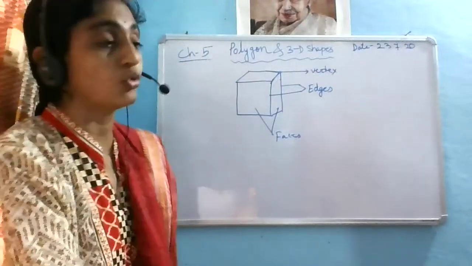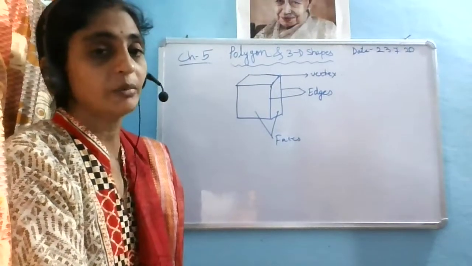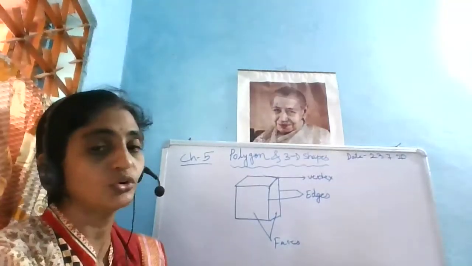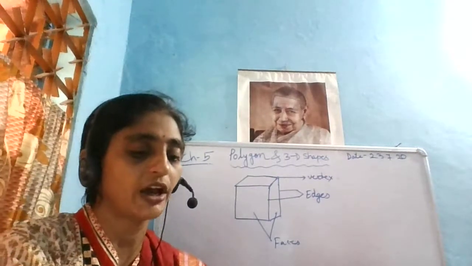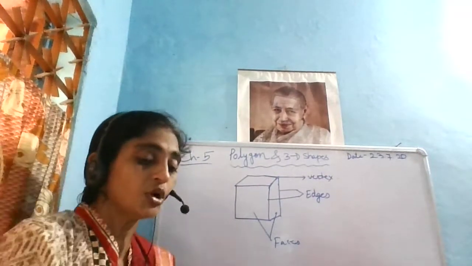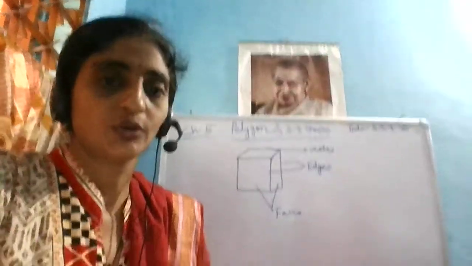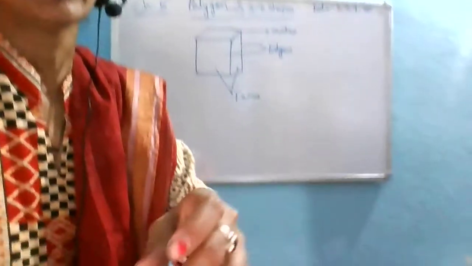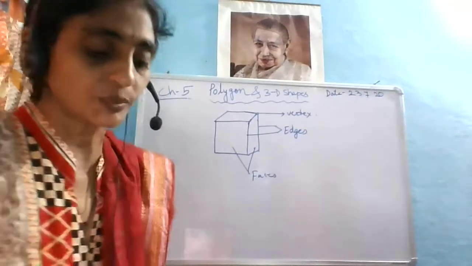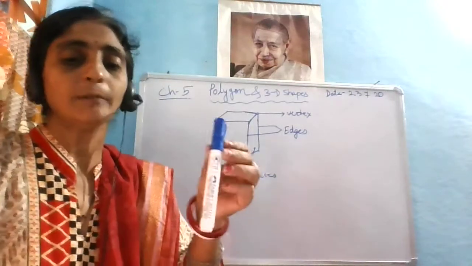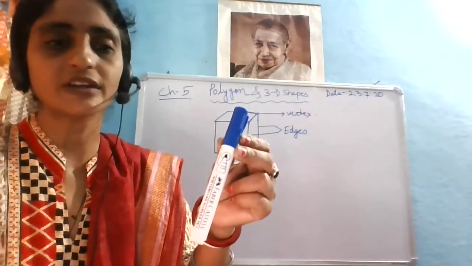So many types of faces we can see. We can see a cone, we can go for a cylinder, but the cone or the cylinder does not have any polygonal face. Why not? Let's see. Suppose I am thinking about my marker. It's cylindrical in shape.